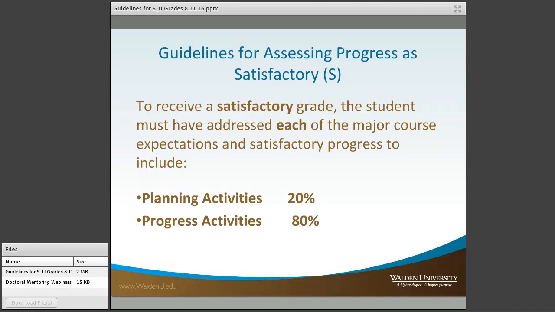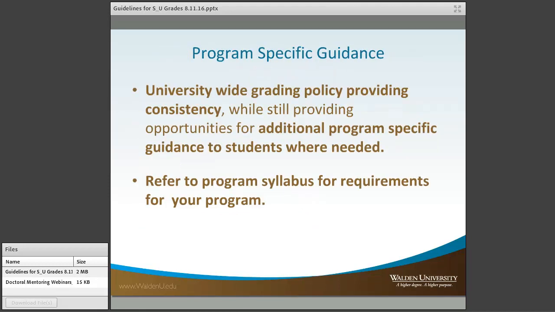So we wanted to review the basic guidelines: 20% is devoted to planning activities, and those activities don't have to just be at the beginning of the term. In fact, we'd like to think that those planning activities are spread out throughout the term, revisiting the term plan. And then 80% on what we call progress activities. One of the things that we want to take just a minute to talk about is, this policy was enhanced so that we would have university-wide consistency regarding grading.